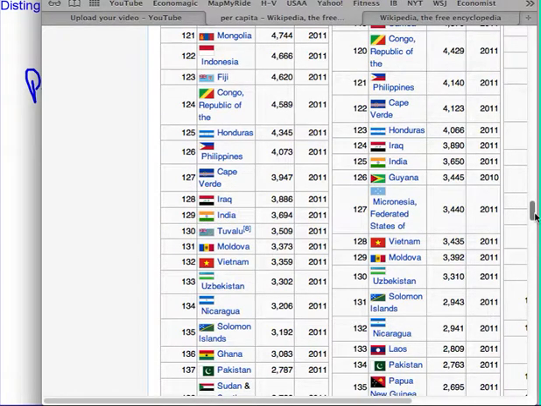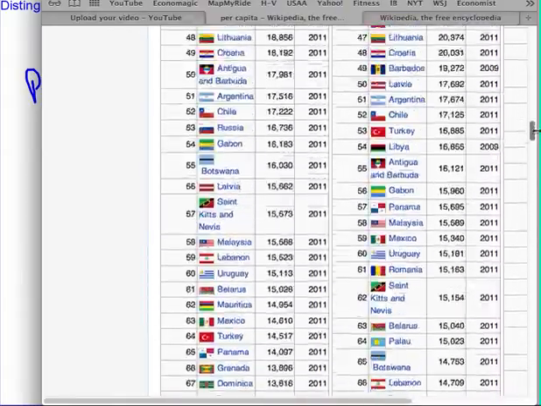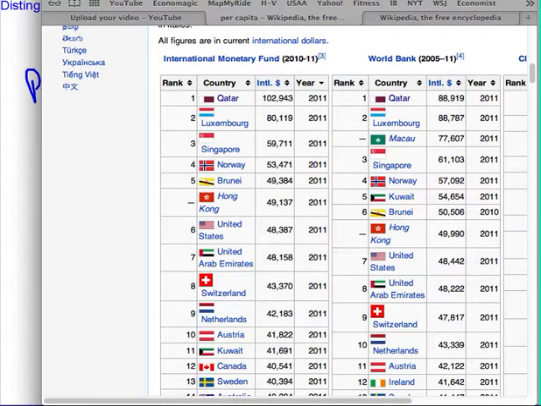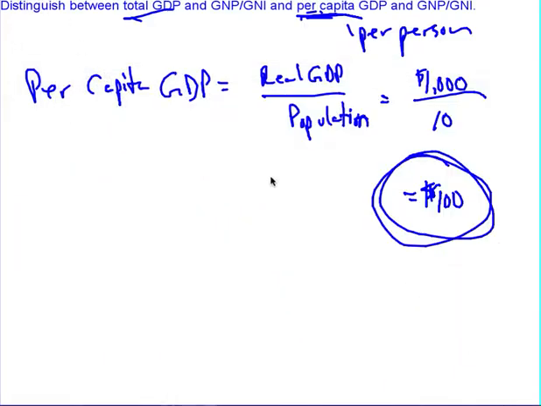So you can see that it's good to see the per capita because that gives you some insight. Not a lot, because there's a lot of other statistics you'd want to look at, but it gives you some insight into how wealthy they are. It doesn't give us anything on income distribution, but we'll get into that shortly. So this is just the difference between total and per capita.